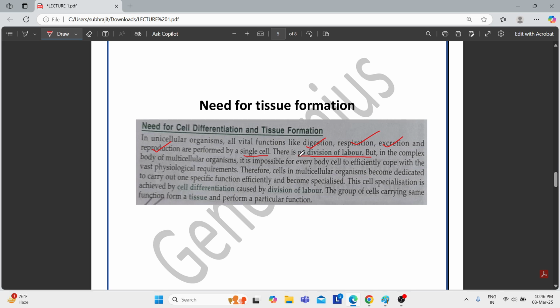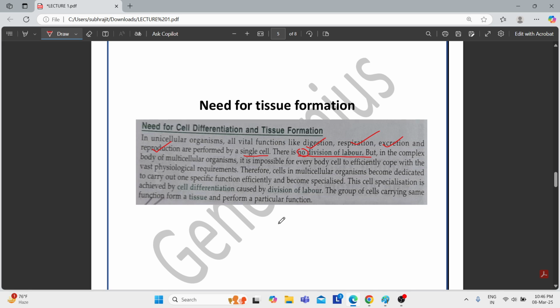There is no division of labor in a single cell. The single cell is doing everything, but in the complex body of multicellular organisms, it is impossible for every body cell to efficiently cope with the vast physiological requirements. As I said, if a single person is given all the responsibilities, that person will not be able to cope with them.